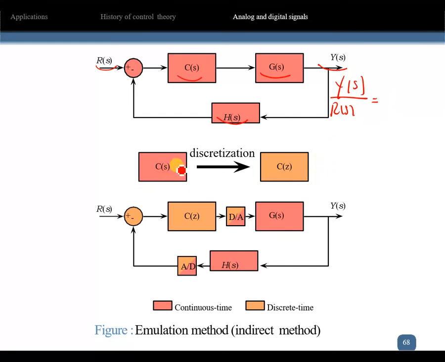Here I change only the control part to a digital part because I want to learn digital control systems. If I change this to digital, you need a converter from digital to analog, because my system is analog, or in the time domain or the S domain. Here there is a sensor in analog, so you need an analog to digital converter to go to discrete time in the control system.